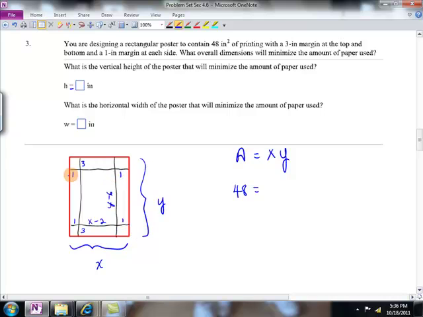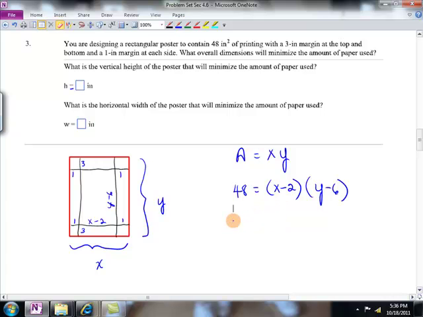We've got one here and one here. And so this area inside here is 48. So on the x part, we're taking away 1 and 1, that's 2. And the y part, what are we taking away? 6.